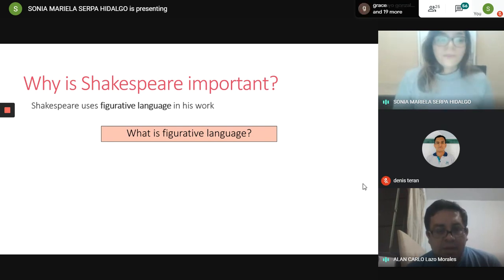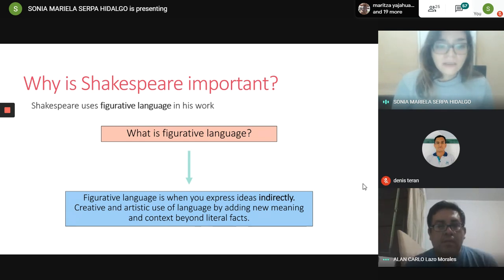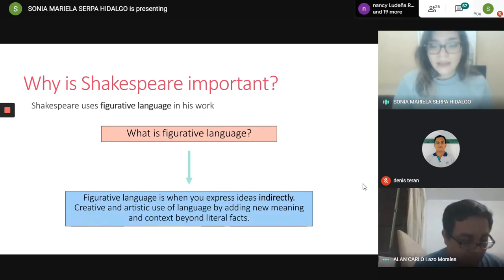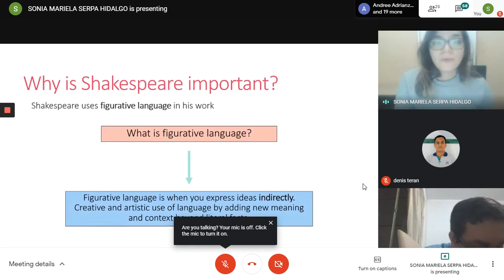Metaphors, yes. So figurative language is when you express ideas indirectly, or symbolically, a creative and artistic use of language by adding new meaning and context beyond literal facts. So when we use figurative language, we're not really being literal. We're just being symbolic, just like Milliam stated before.